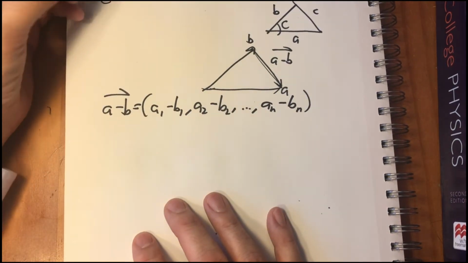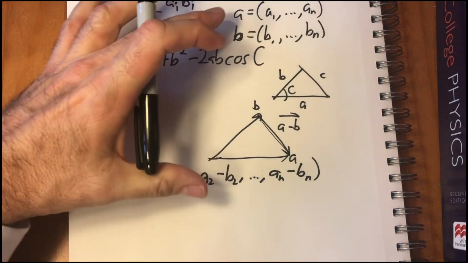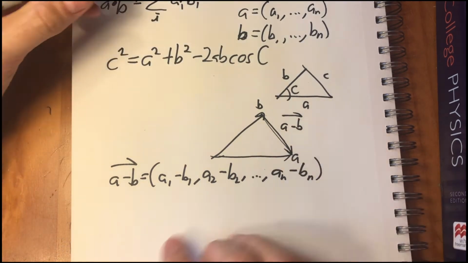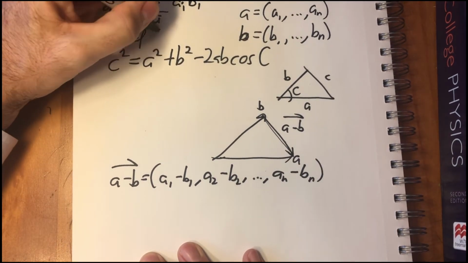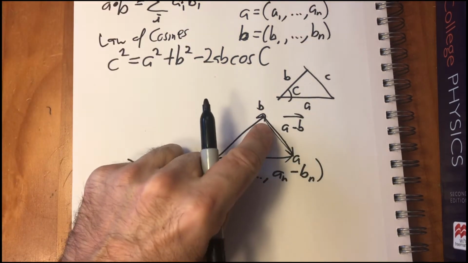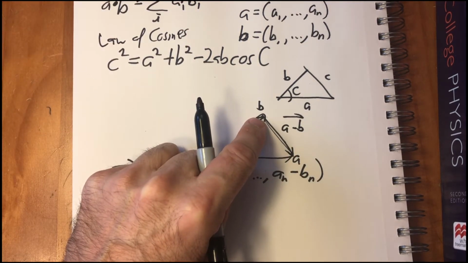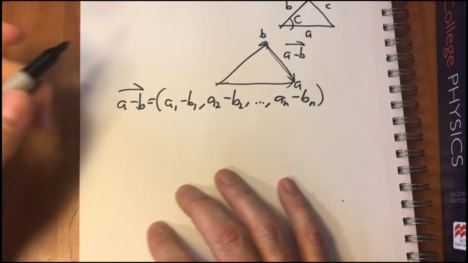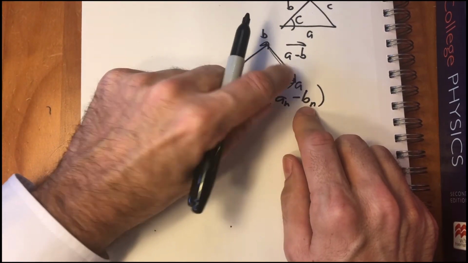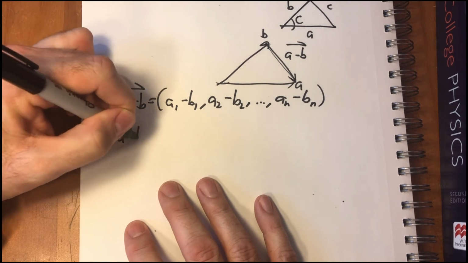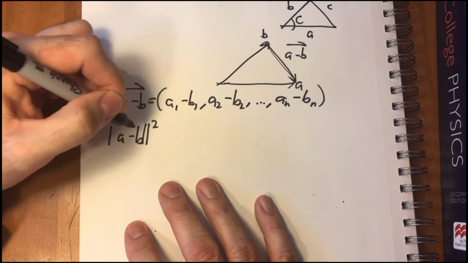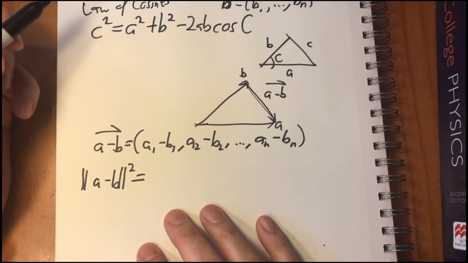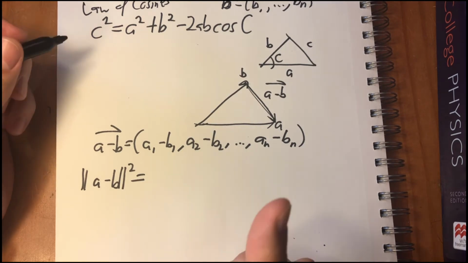So now we're going to plug all of our vectors into the law of cosines to give us, well, we're going to end up here, but let's just plug it in and see what we get. So if we have the length of A minus B squared equals, oh, I'm sorry, wait, I missed a step first.